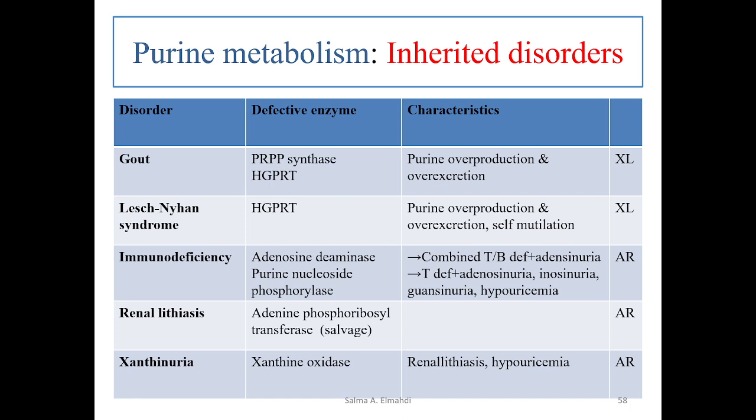Regarding enzymatic disorders, gout, the hyperuricemia, can result from deficiency of PRPP synthase or HGPRT, hypoxanthine guanine phosphoribosyltransferase. It is characterized by purine overproduction and overexcretion. It is an X-linked condition.